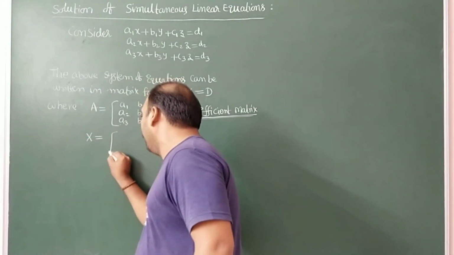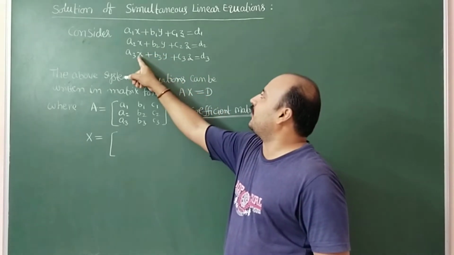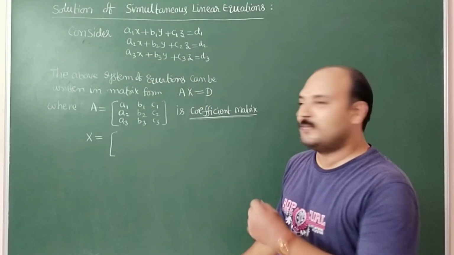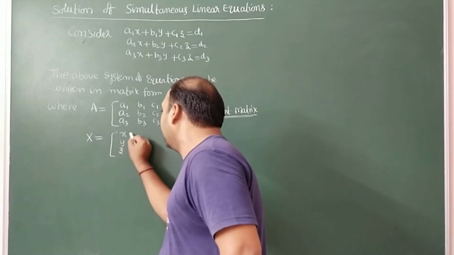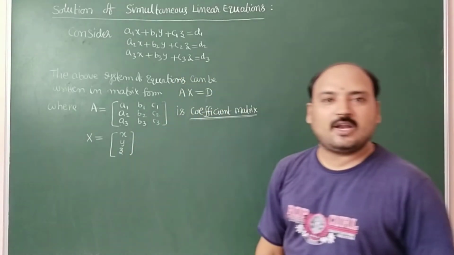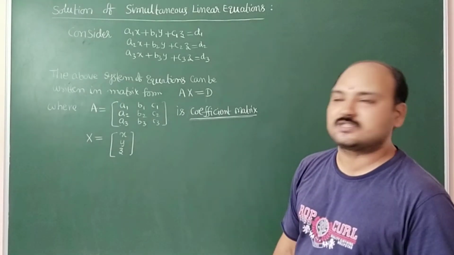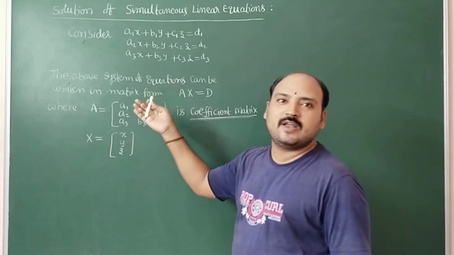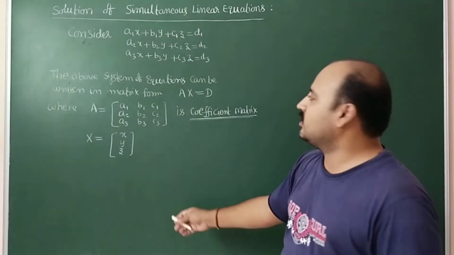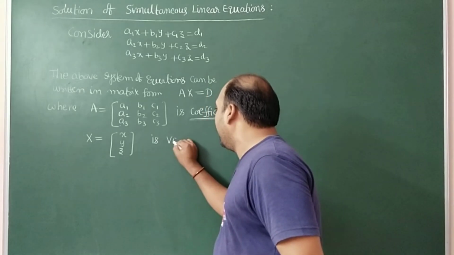Capital X is equal to the unknowns x, y, z only, no. So small x, small y, small z are the unknown values of these variables. These are the equations in x, y and z variables. So this is called the variable matrix.